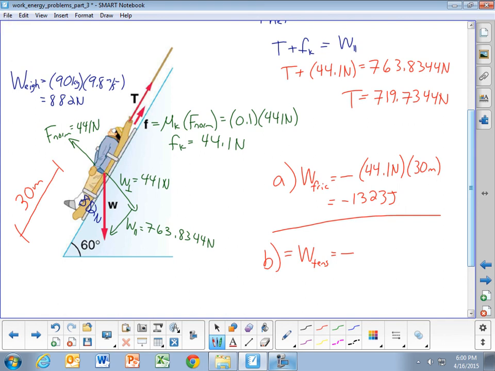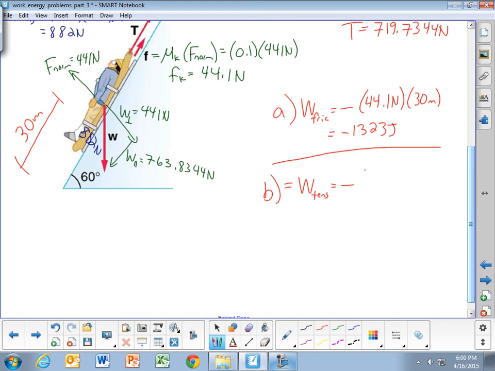So it's negative, and it's the force of tension, which is 719.7344 newtons, times the distance of 30 meters, which gives a work done by the rope of negative 21,592.032 joules.